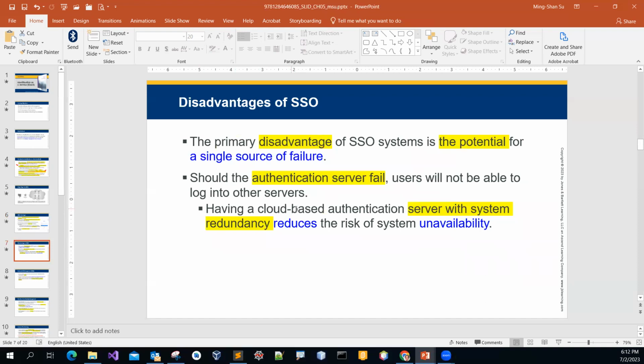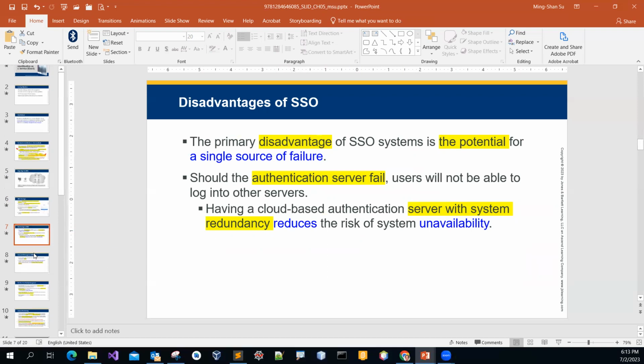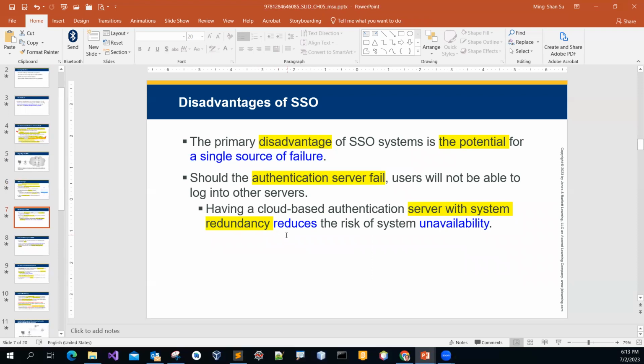So having a cloud-based authentication server with system redundancy reduces the risk of system unavailability. So again, this is maybe I would say a must-have criteria, using a cloud-based authentication server.